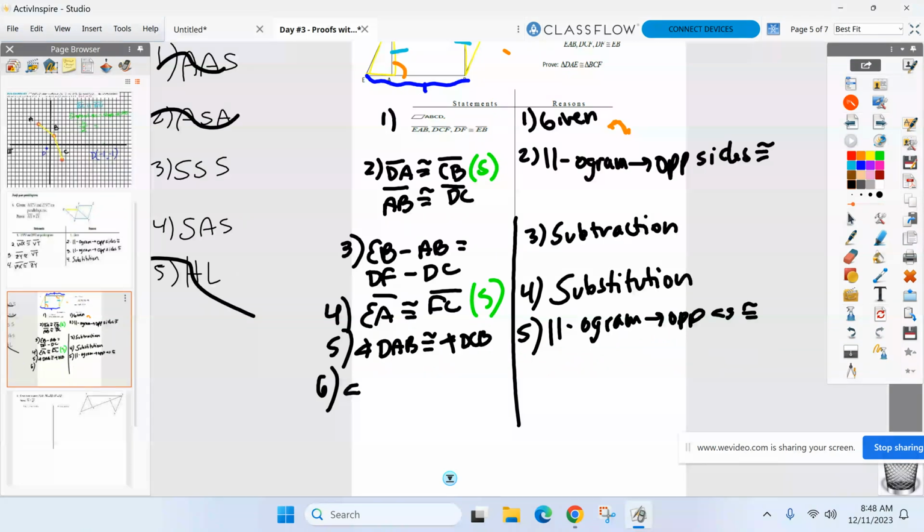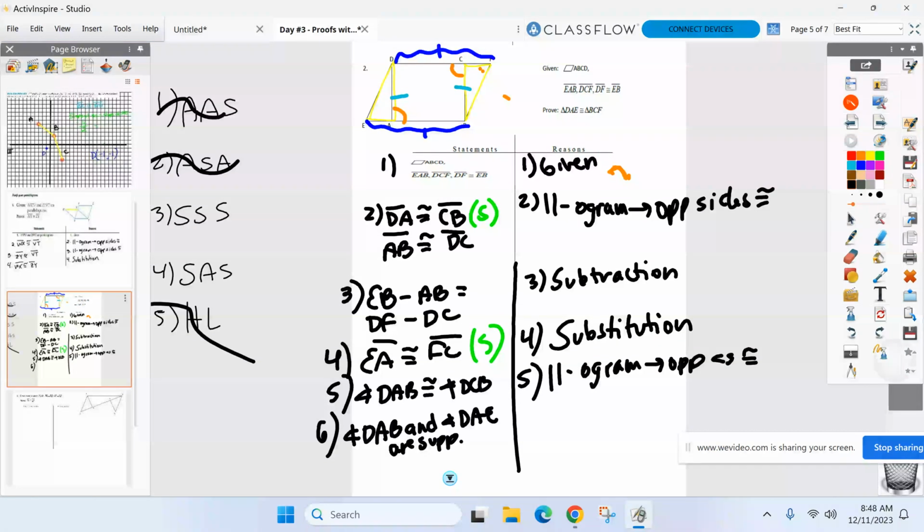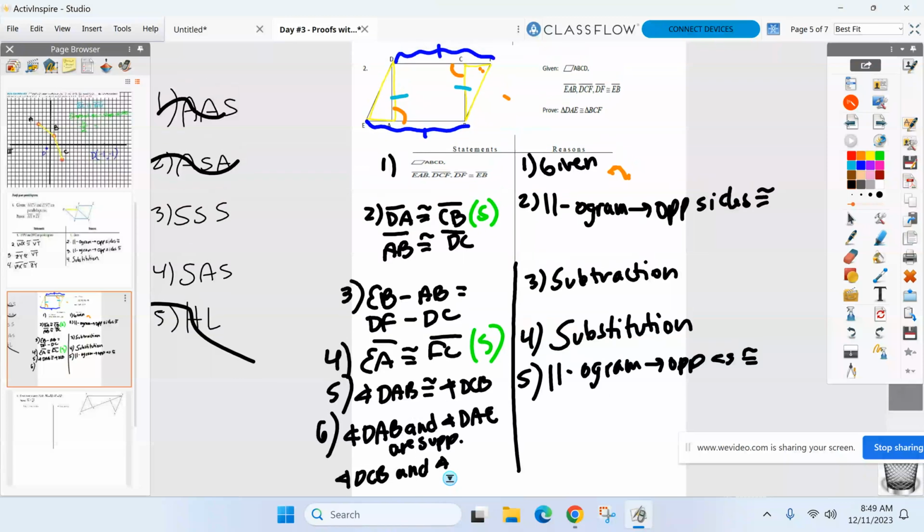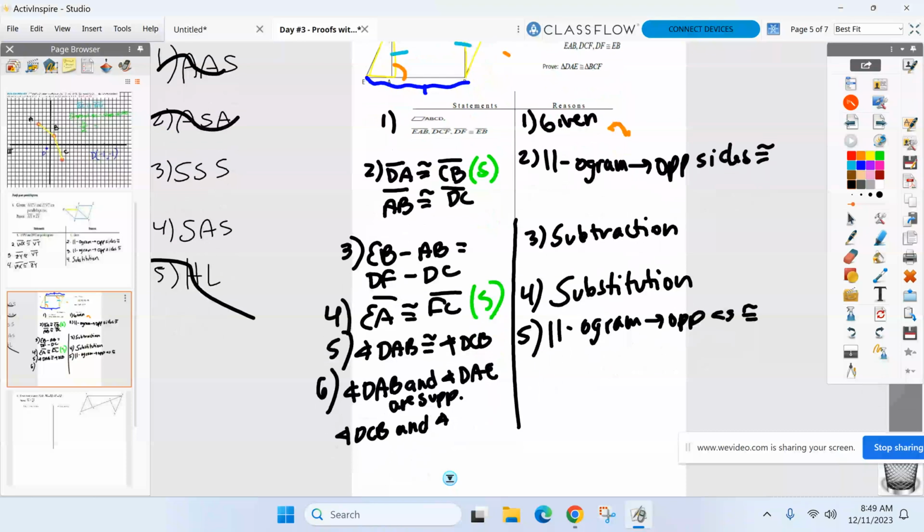So angle DAB and DAE are supplementary. And then jot down the other pair up top. Angle DCB and FCB are supplementary.